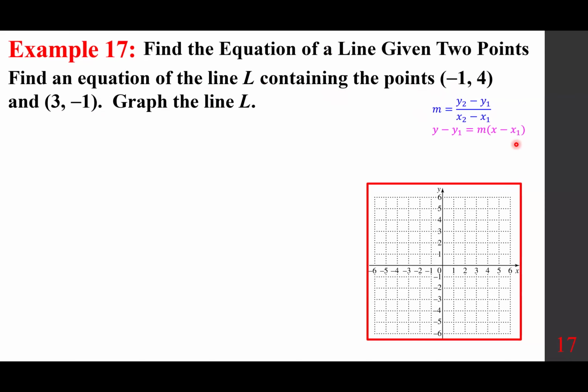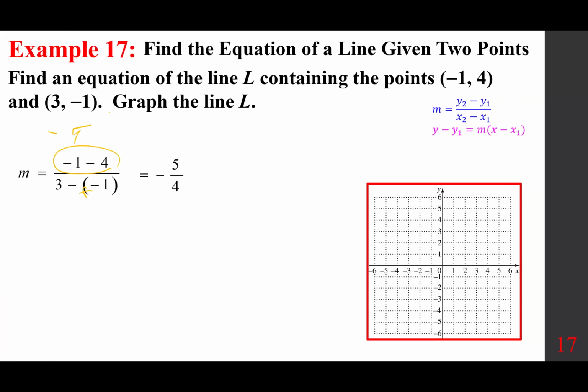First and foremost, we're going to use this formula to find the slope: y sub 2 minus y sub 1, that's -1 minus 4, over x sub 2 minus x sub 1, so 3 minus negative 1. This makes it plus 1. So the numerator is negative 5, so negative 5 over 4.